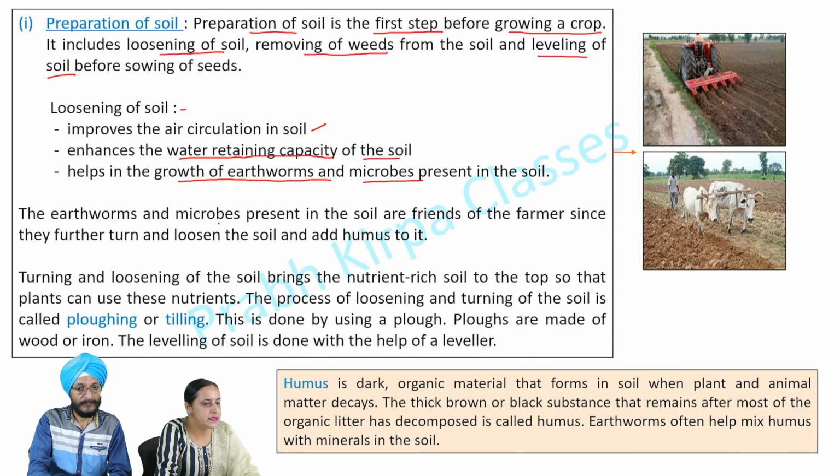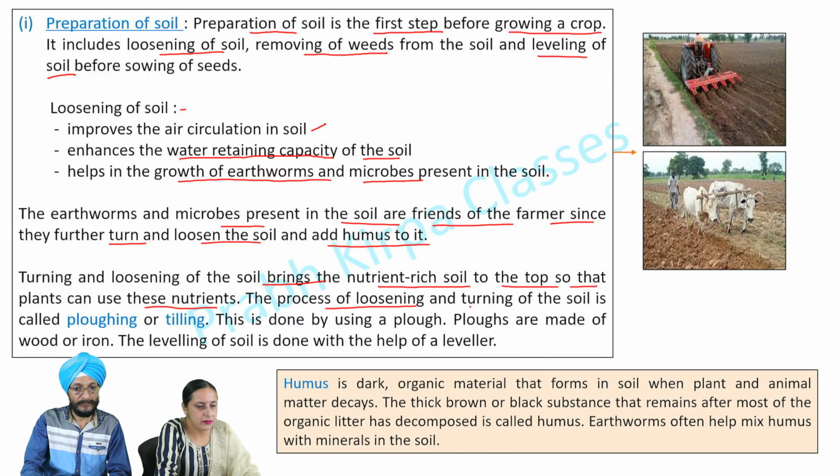The earthworms and microbes present in the soil are friends of the farmer since they further turn and loosen the soil and add humus to it. And loosening of the soil brings the nutrient-rich soil to the top so that plants can use these nutrients.